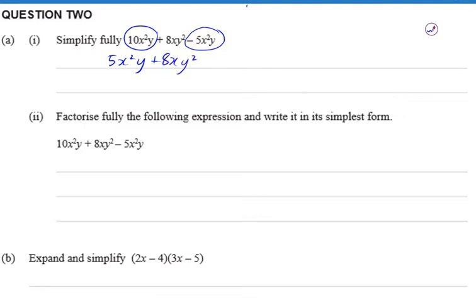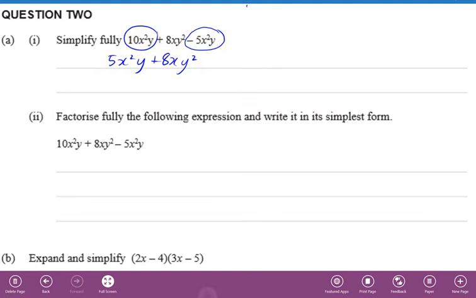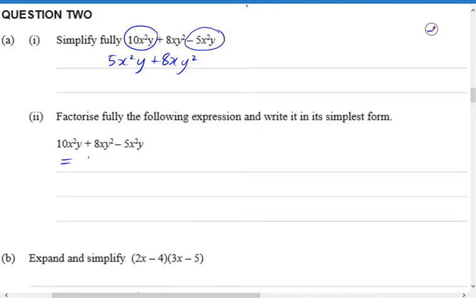not like, so we'll just have to leave that as is. Alright, so next question is asking us to simplify, and you'll notice that it's exactly the same. So we'll write out our simplified version first, and then we'll factorise, because it also asks us to factorise.